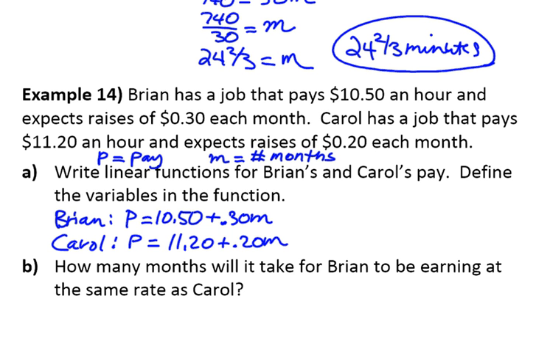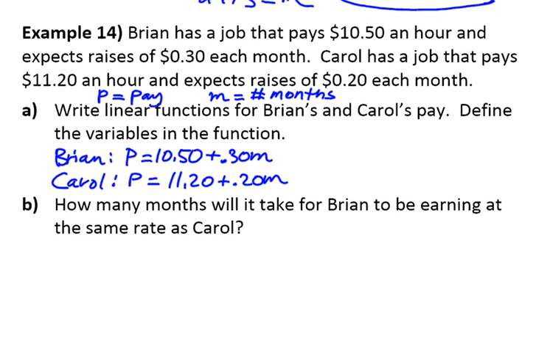How many months will it take for Brian to be earning at the same rate as Carol? So at what point, how many months will it take for him to catch up to Carol? So we want to know, when does Brian's pay equal Carol's pay?